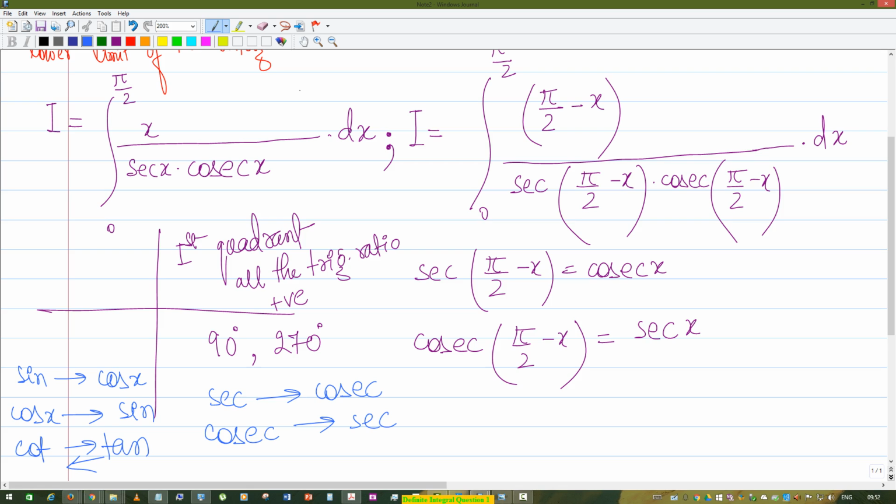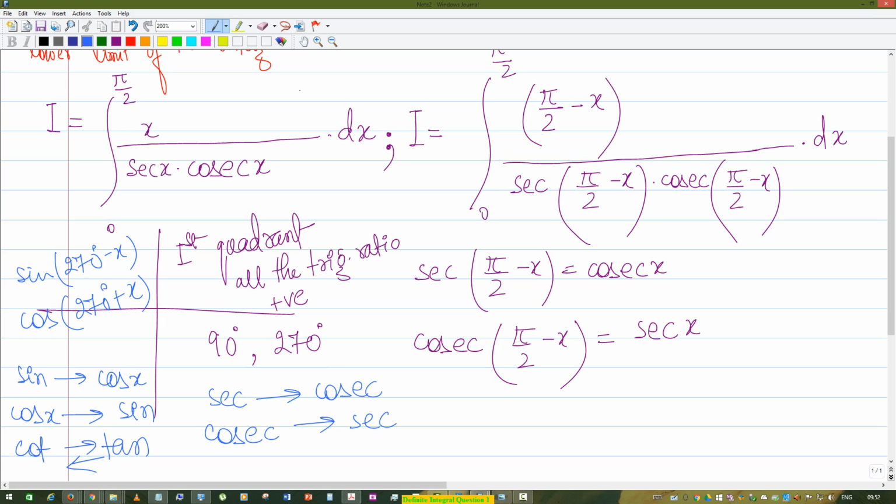So whenever we have expressions like sine of 270 degrees minus x, or cos of 270 degrees plus x, wherein we have 90 and 270, the trigonometric ratio will change.